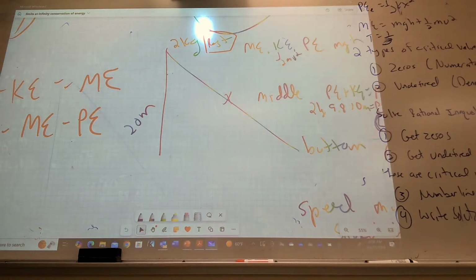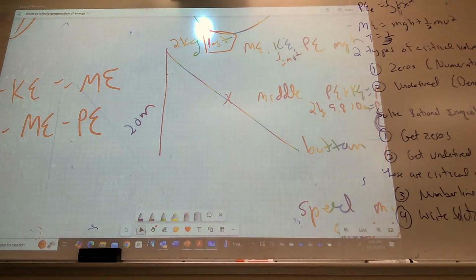Okay, so what we're doing now, we're doing the mechanical energy, which is the kinetic energy plus potential energy. We're at an incline. It's 20 meters up, a 2 kilogram mass pushed at 3 meters per second.